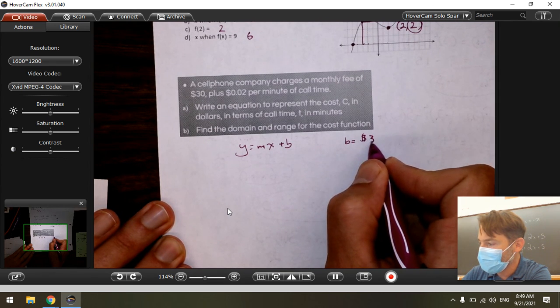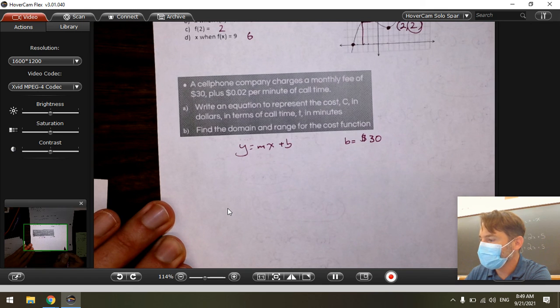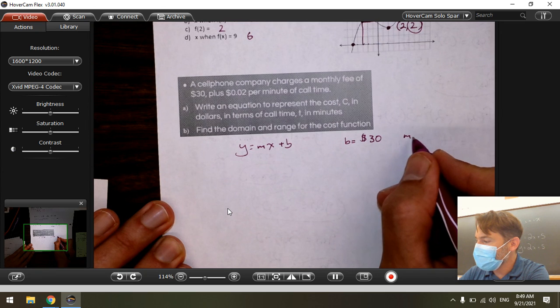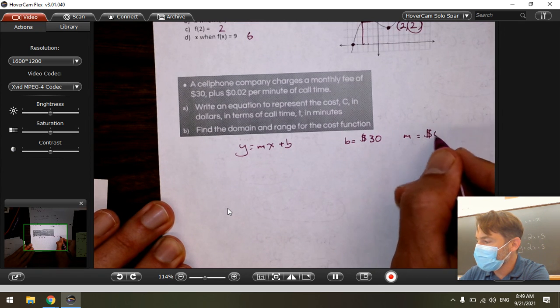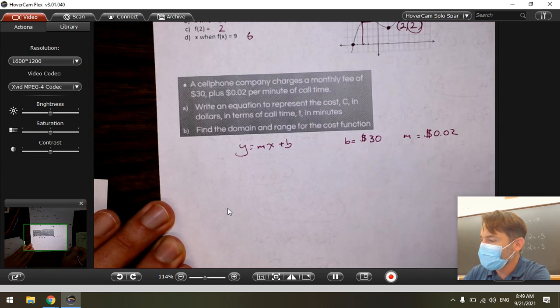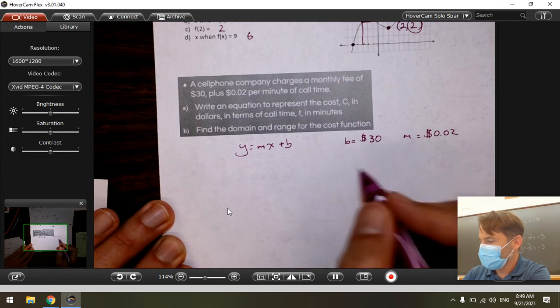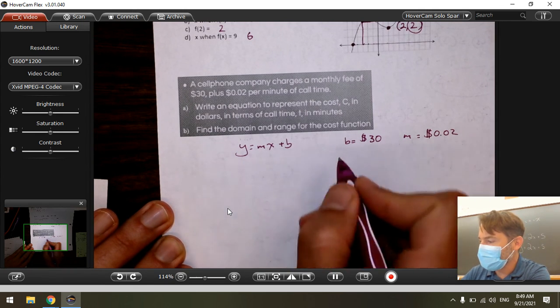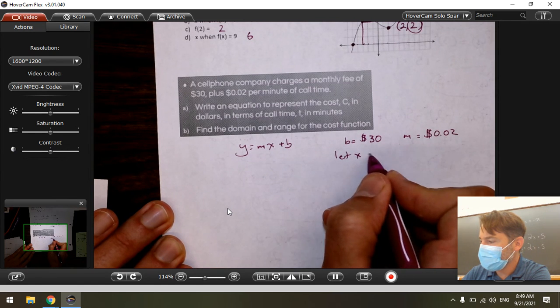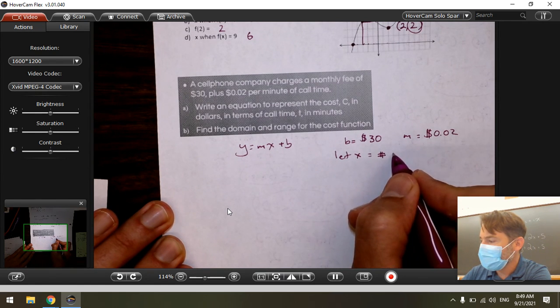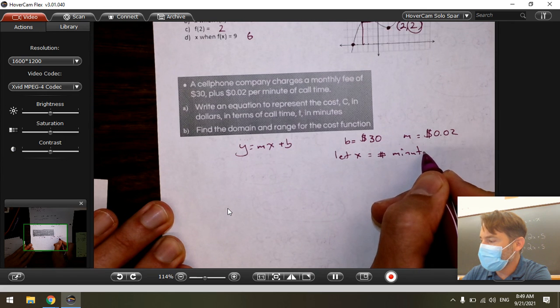And what's my slope? 0.02. Yeah, m is going to be equal to $0.02. Cool. And what's my x mean? If I had a let statement, let x equal number of minutes. And what's y?